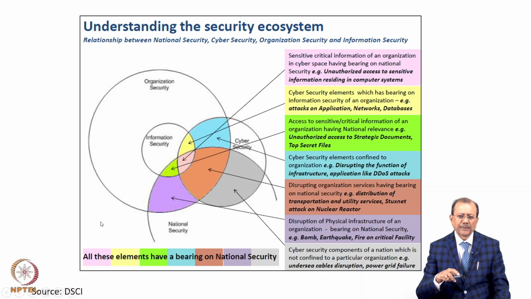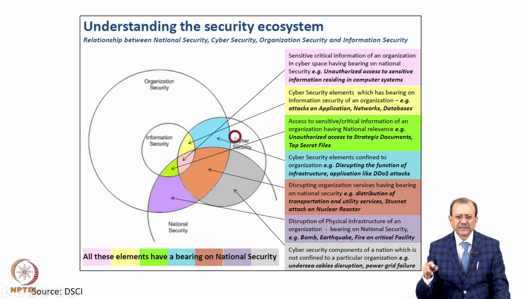I was once upon a time on one of the committees on cyber security policy of the DSCI. You can see it is showing these layers of security: organization security, information security, national security, and cyber security.